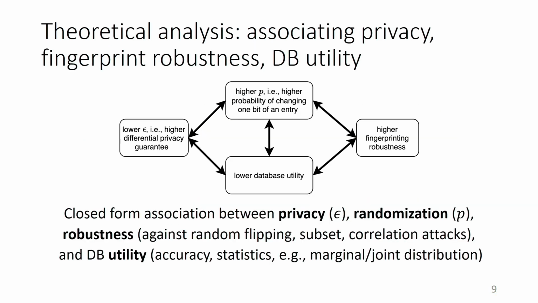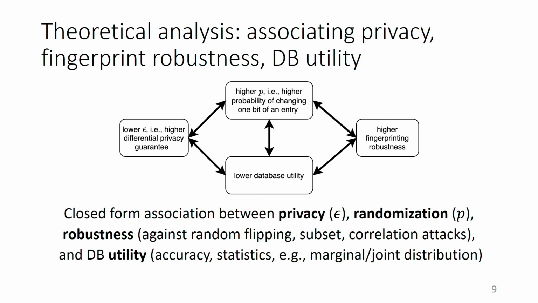Okay, so in the paper, we also conduct an extensive mathematical study of the connection between privacy guarantees, security guarantees, fingerprint robustness, and database utility. In particular, we derive closed-form connections between each of the blocks. For robustness, we define different metrics for when the fingerprinted database is under different attacks.